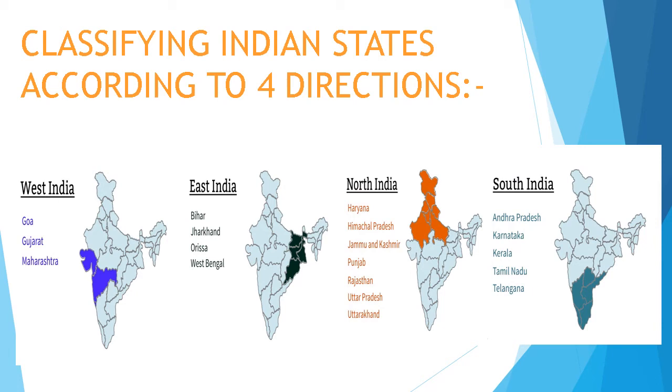With the help of directions and maps, our country India is divided into four main parts.